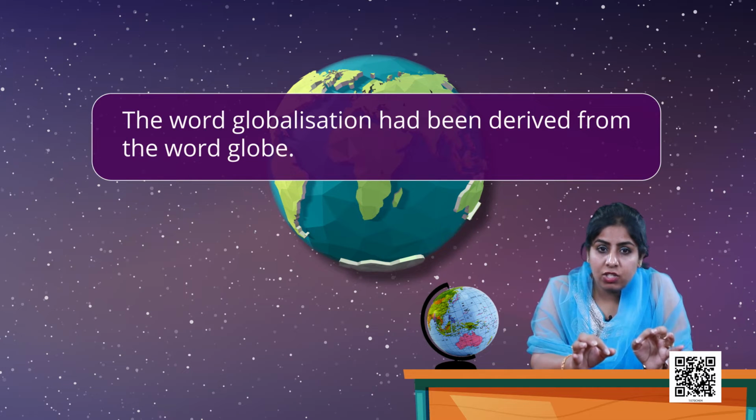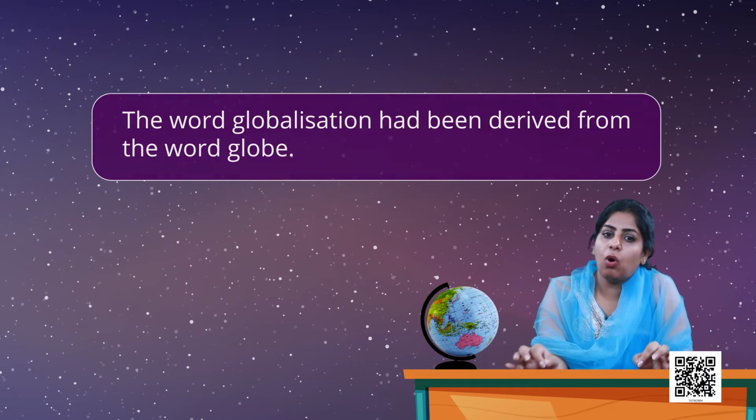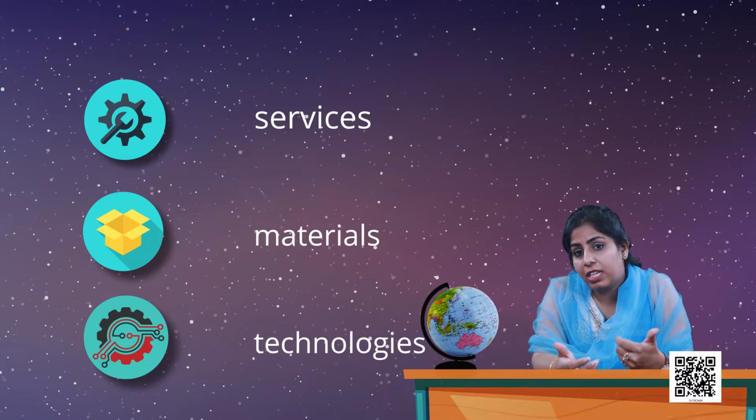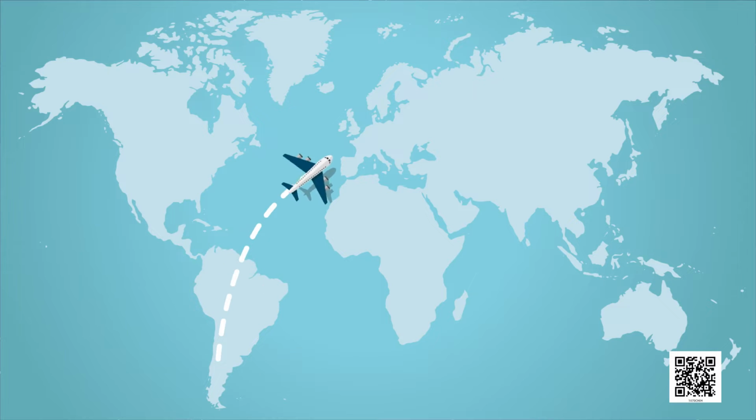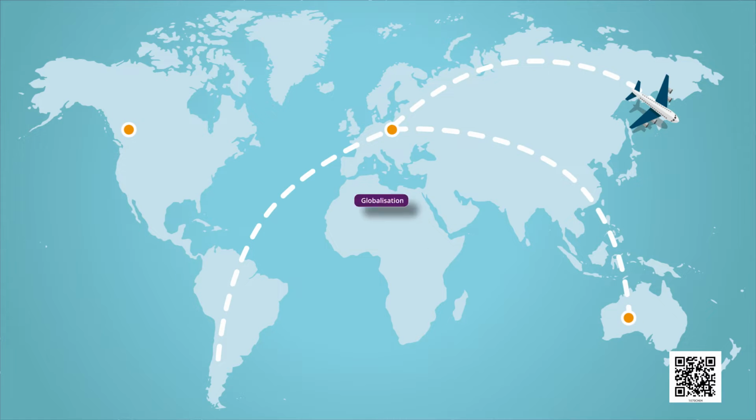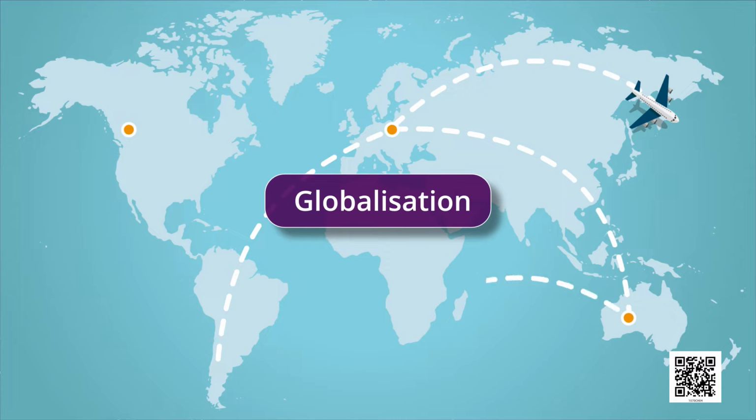So, globalization is the global concept of how the services, materials, technologies are traveling across the globe, and the process is understood as globalization. Globalization is the process of interaction and integration among the people, companies and governments of different nations.